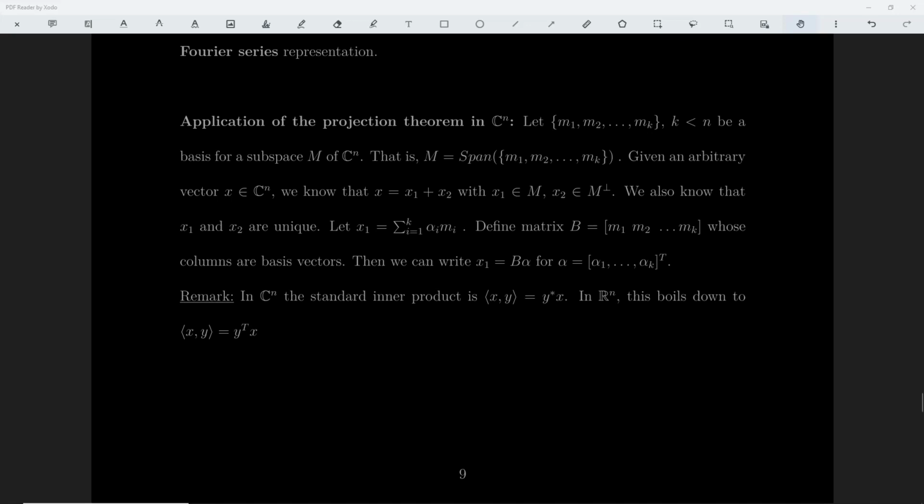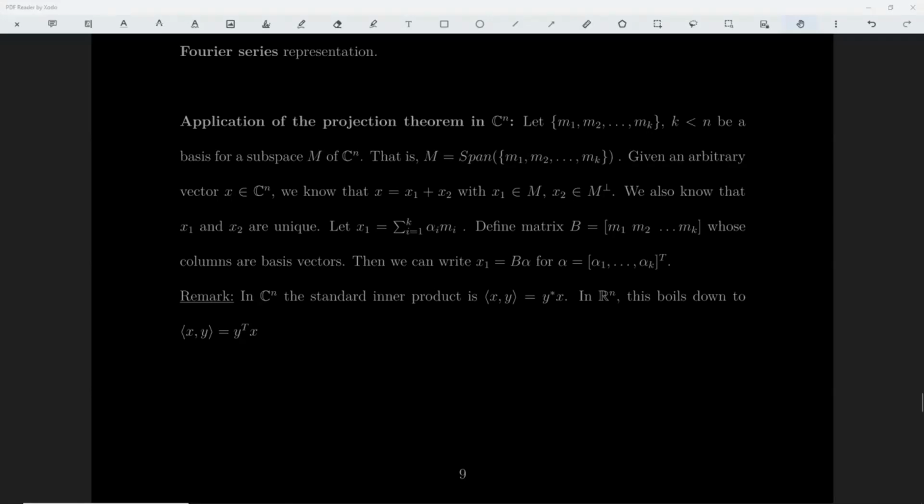Okay. And we will start by defining that B matrix, whose columns are the given basis vectors. Let me try to write down these things so that it can be more visualized.